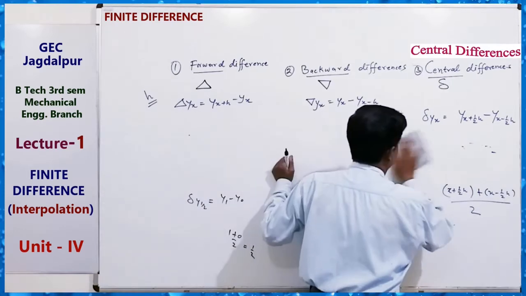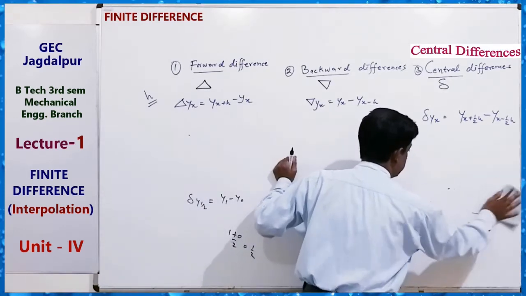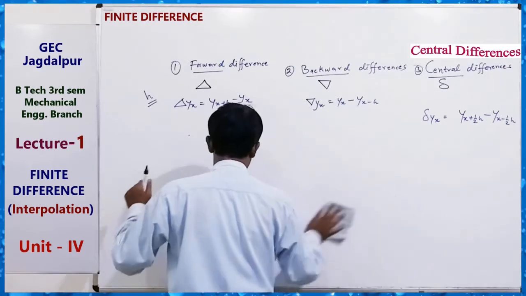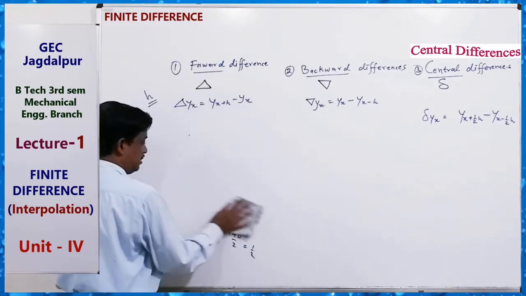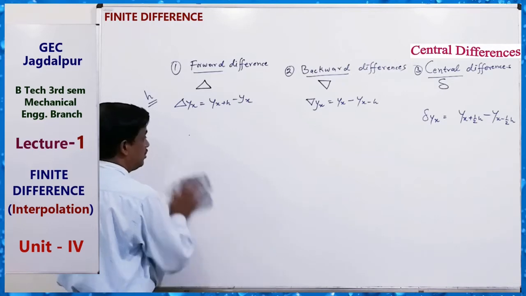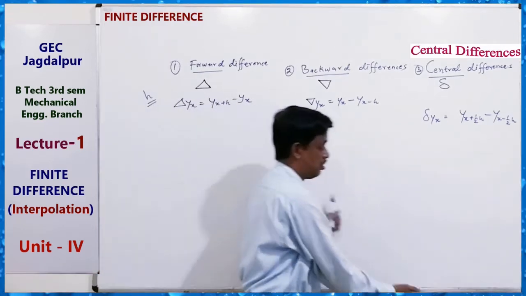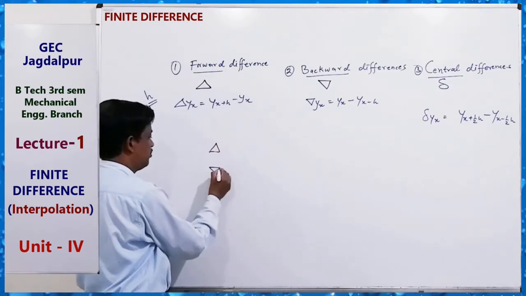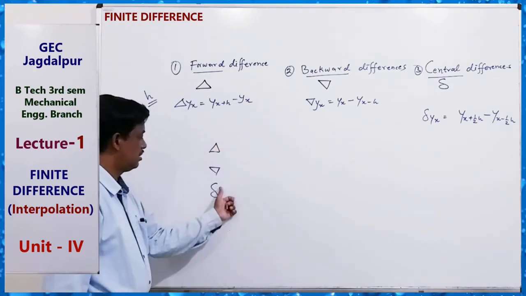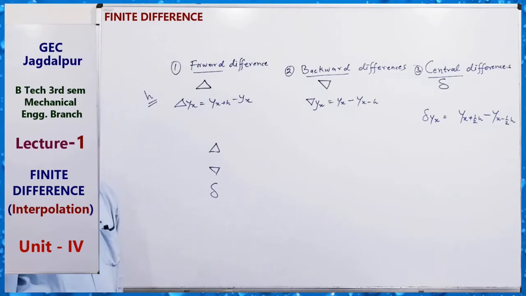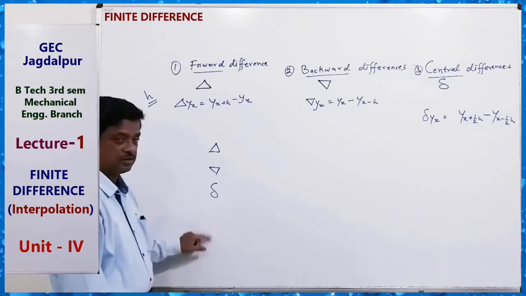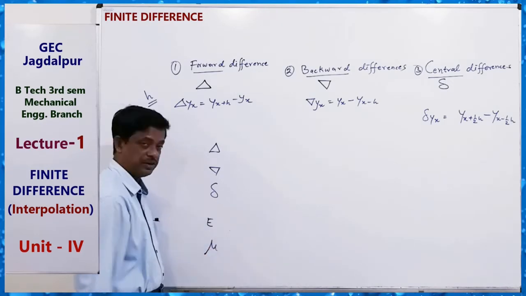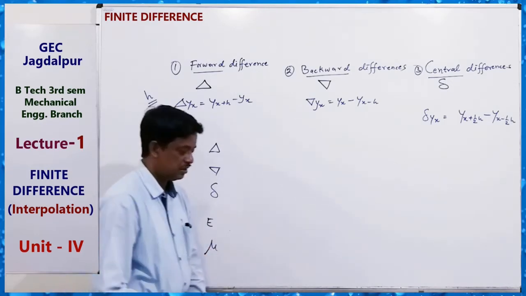In this unit these three types of differences are very, very useful. So there are the forward operator, backward operator, and central operator, del operator. There are two extra operators, the shift operator and the average operator. We will discuss them later.